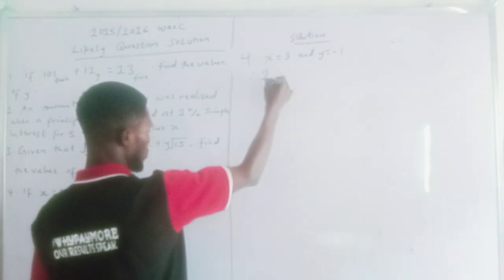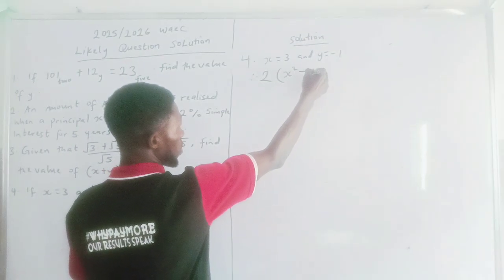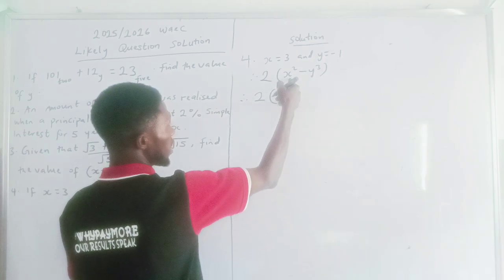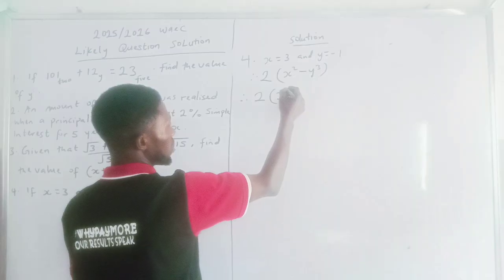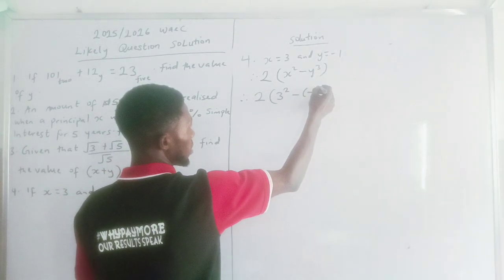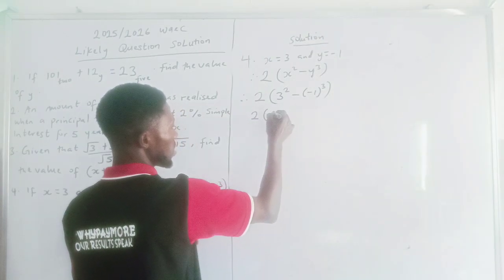We have to bring out this expression that says 2 into bracket x raised to the power 2 minus y raised to the power 3. Anywhere you see x, you are going to put 3, raised to the power 2, then minus. Anywhere you see y, you put -1 raised to the power 3. And don't forget, we have 2 in front. This is 9, 3 times 3.